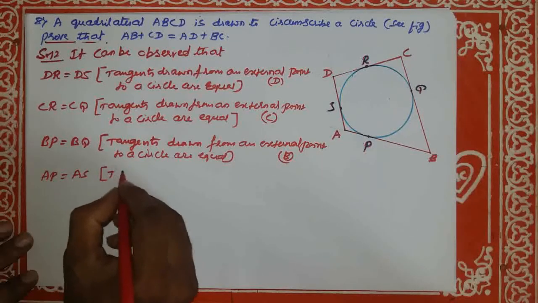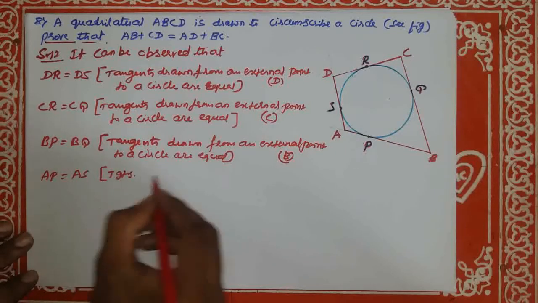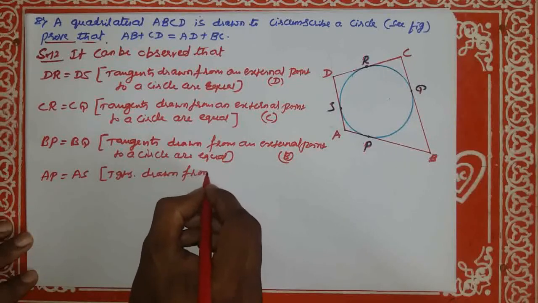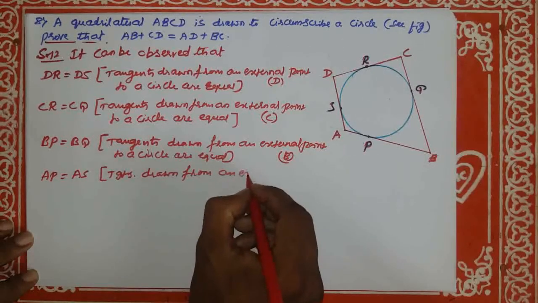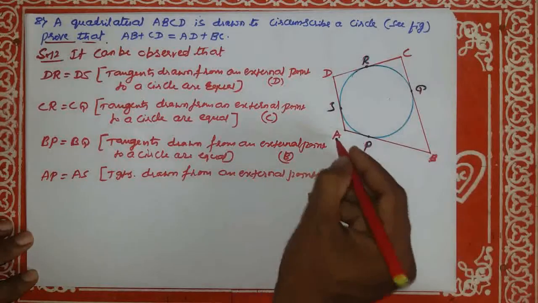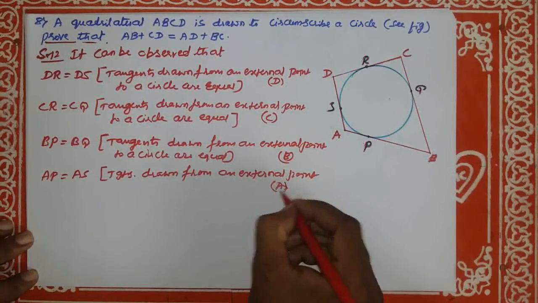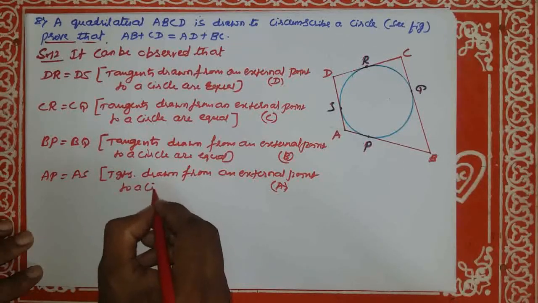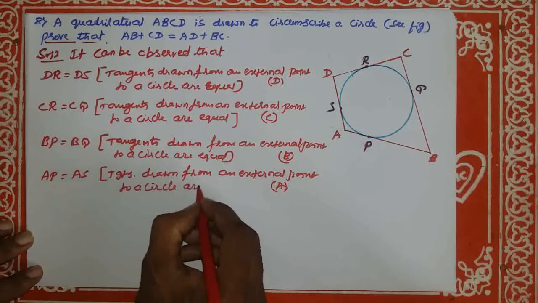This is also the same: tangents drawn from an external point A to a circle are equal.